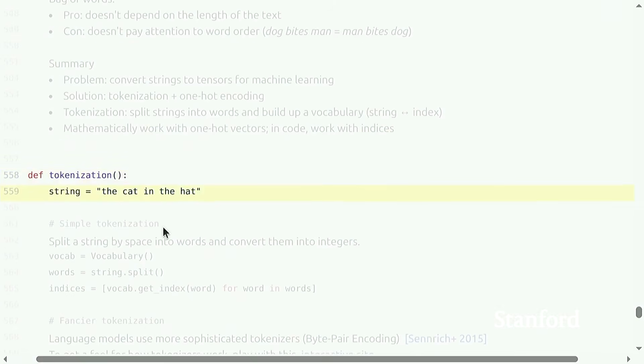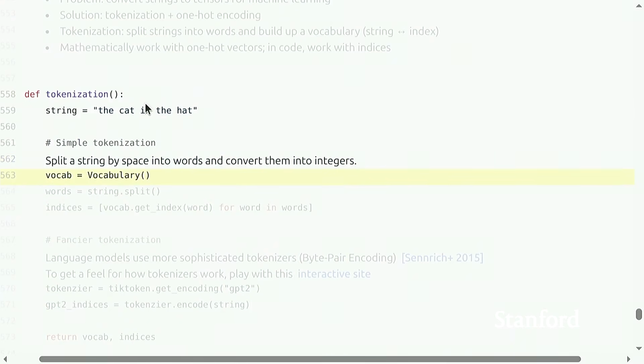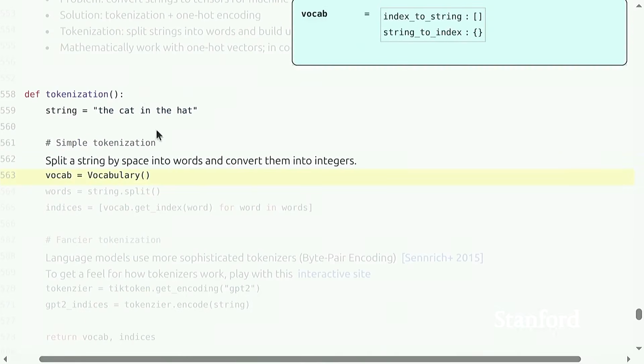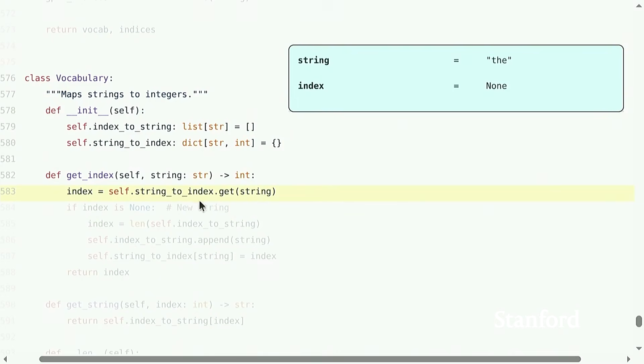So tokenization. The idea here is that this is a string. I want to first split it on spaces and convert the pieces into integers. So I'm going to have this vocabulary class that basically maps between integers and strings. First I'm going to split into words: the cat in the hat. And then for every one of these words, I'm going to call getVocab.getIndex, which basically looks up, have I seen the string before?